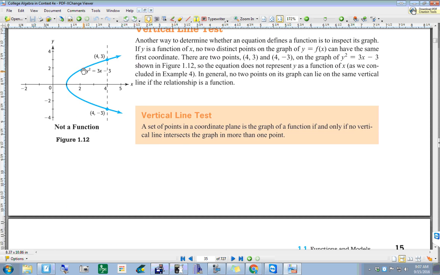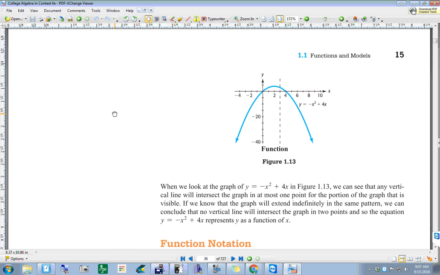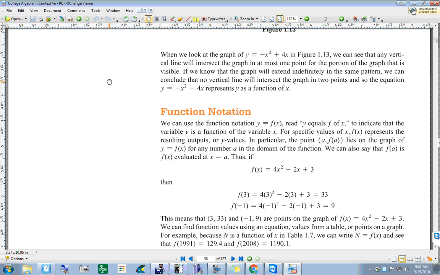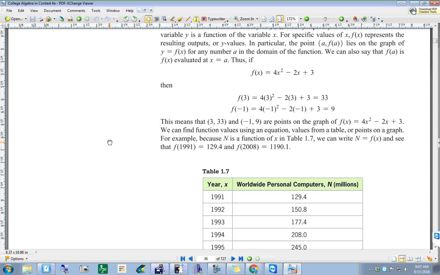Okay. So, if I look at this one, that works fine. Anywhere I draw that vertical line, it only hits the graph what? In one spot. That's all it will do. Okay.